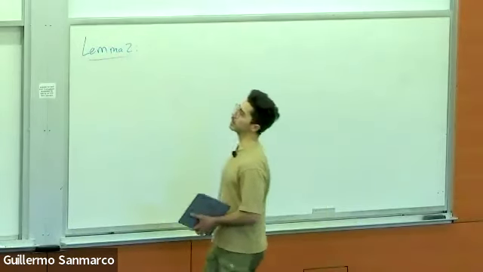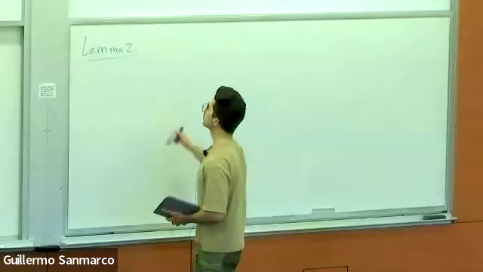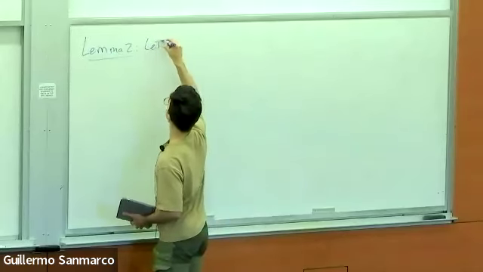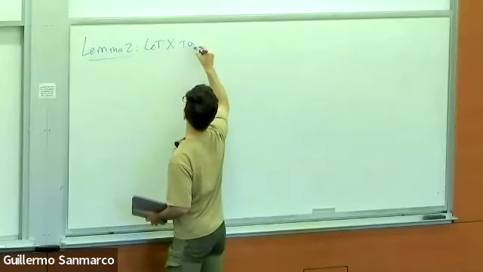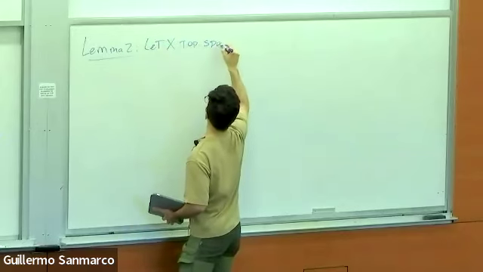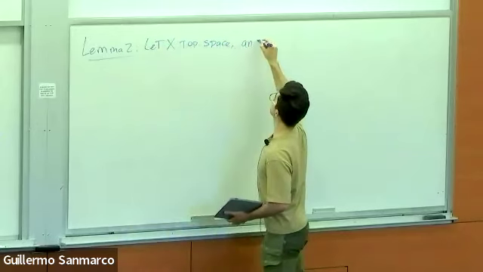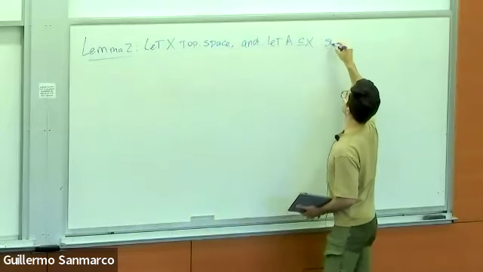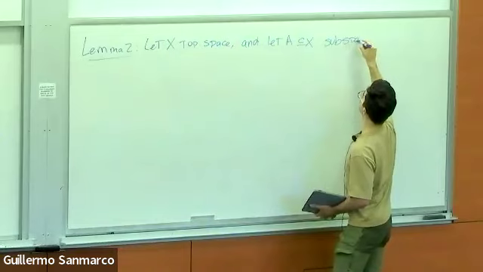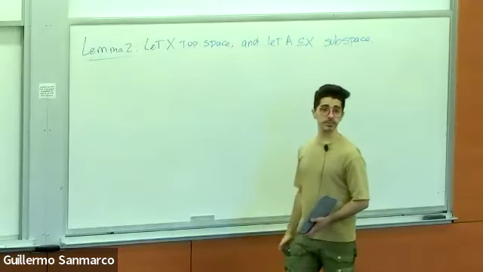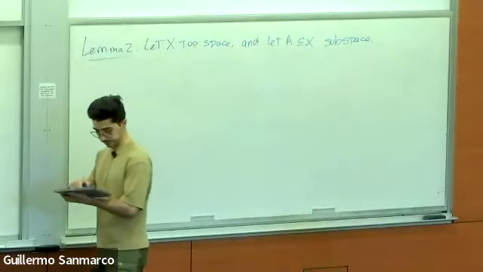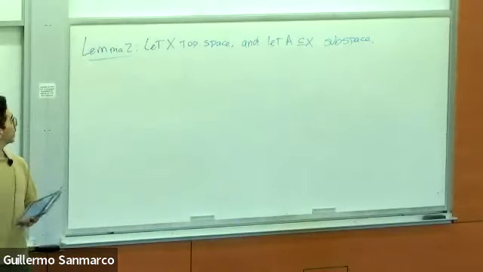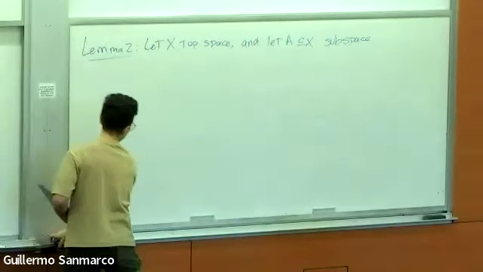Lemma, this is probably lemma 2. So let's take a topological space, and let's take a subspace. What I mean by this is a subset with induced topology. Let's use Y.